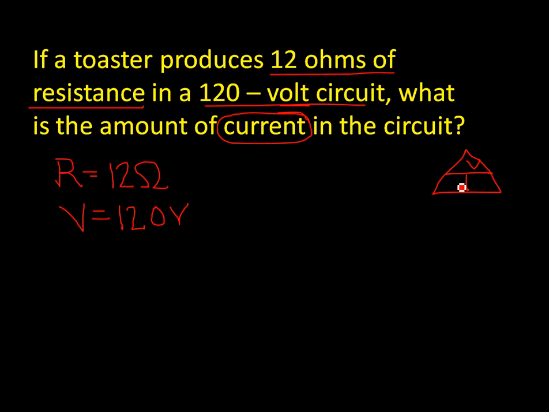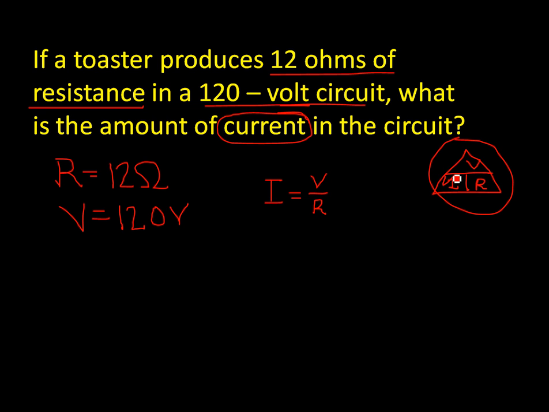V is equal to IR. I know that by putting my thumb over this, I can see current is equal to voltage over resistance. Okay, so I have to go to my toolbox of formulas here. I use this thing.